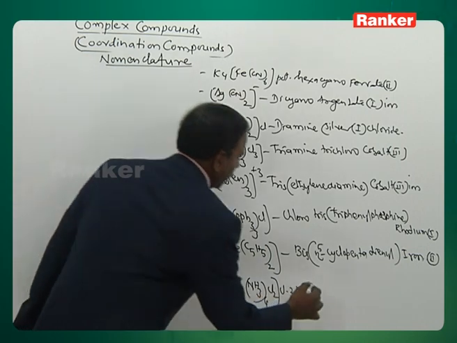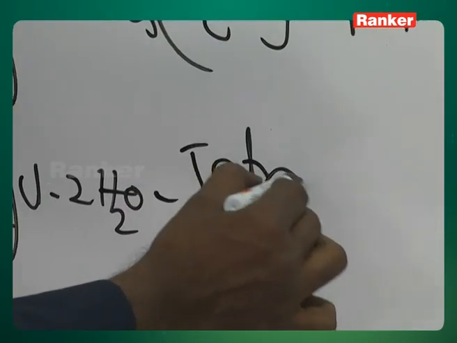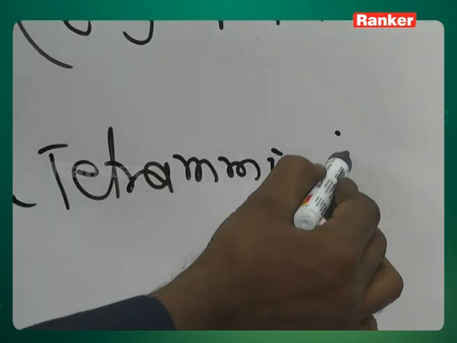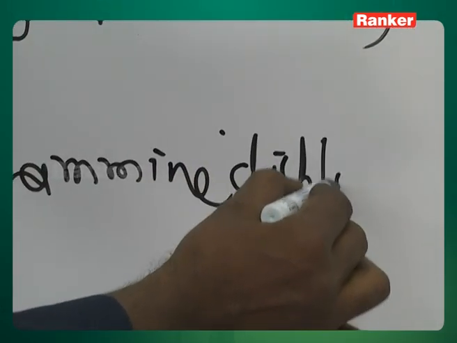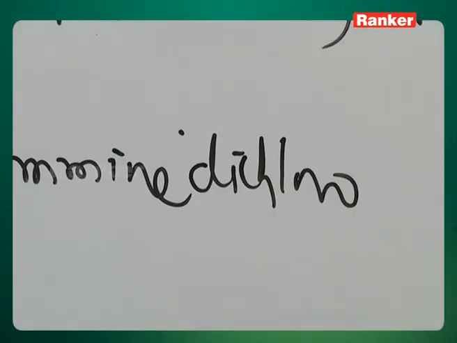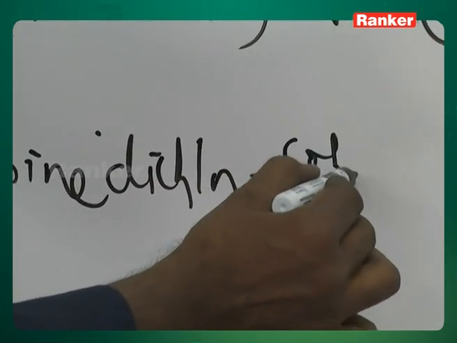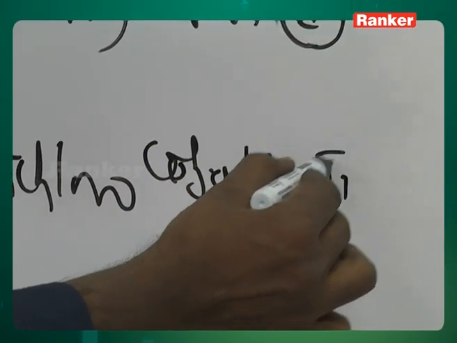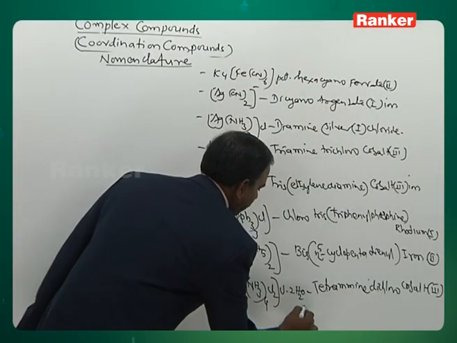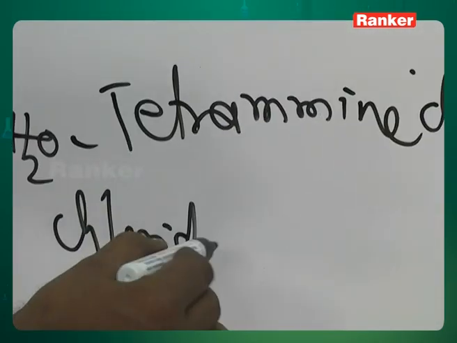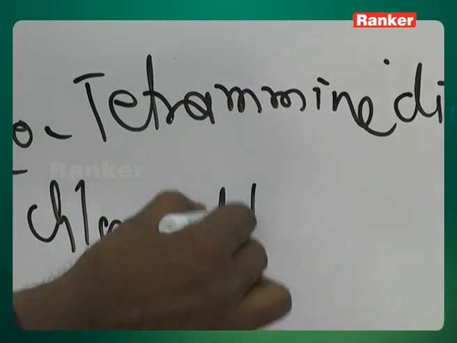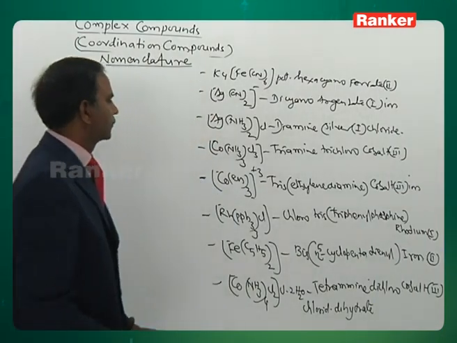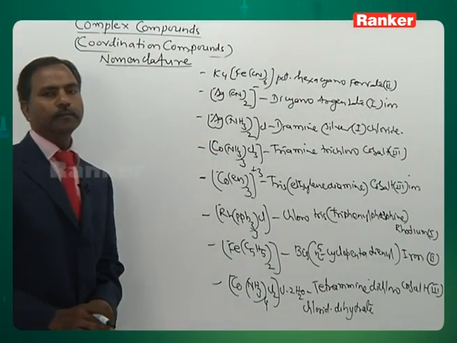This is it: tetraamminedichlorocobalt(III) chloride dihydrate. Like this, I have written a few complexes on the board.